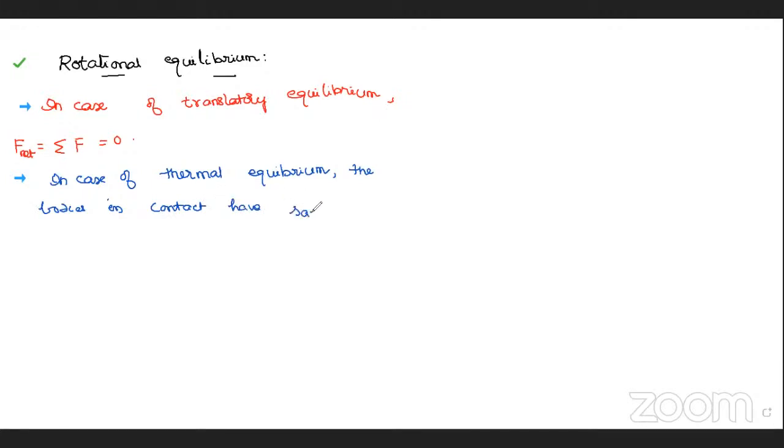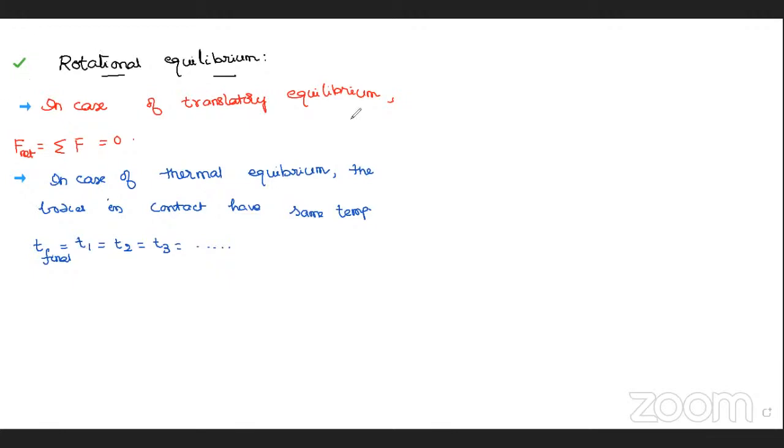That implies T1 equals T2 equals T3 and so on, however many bodies are in contact. All of them have the same temperature. This is the final temperature, T final, in equilibrium.